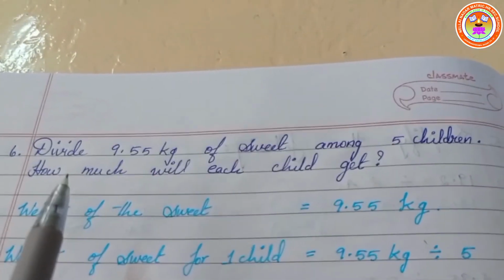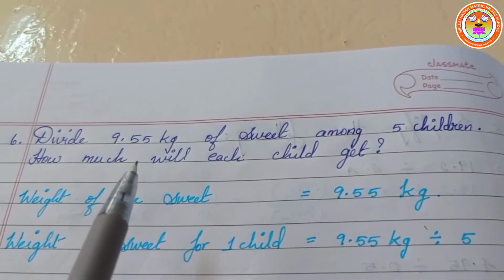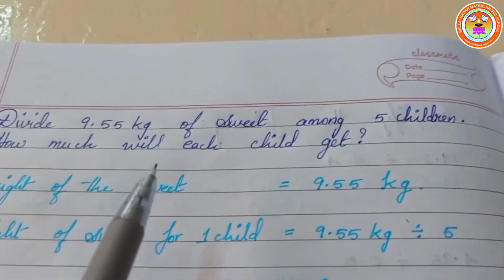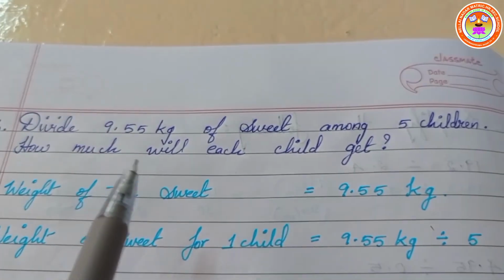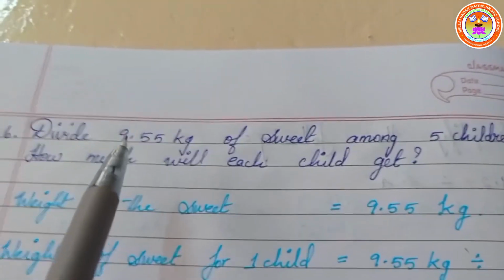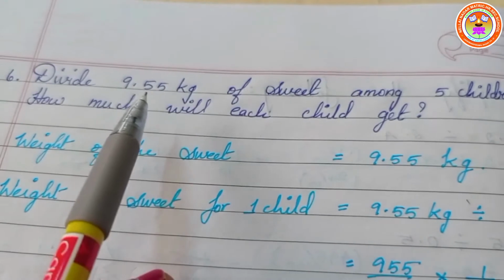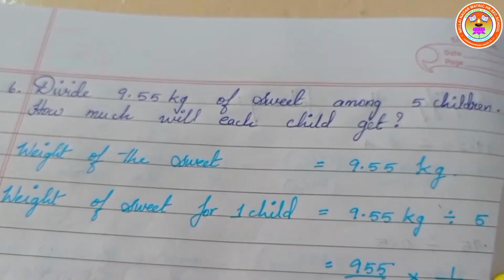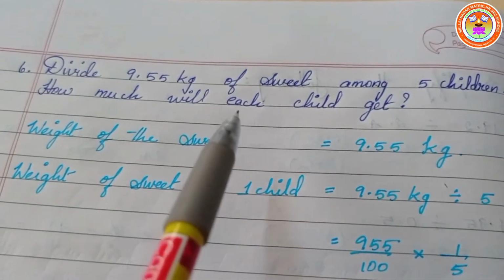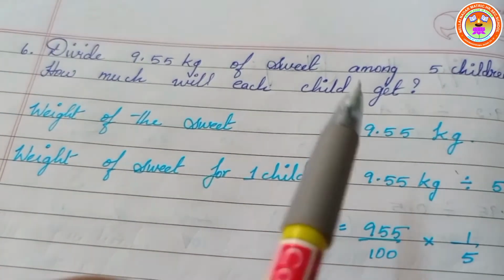Question number 6. Divide 9.55 kilogram of sweet among 5 children. How much will each child get? Okay. So the weight of the sweet is 9.55 kilogram and there are 5 children. We want to find how much sweet each child will get. That is the question.